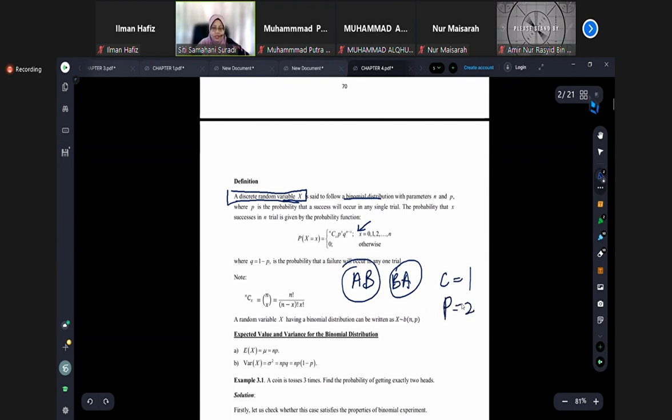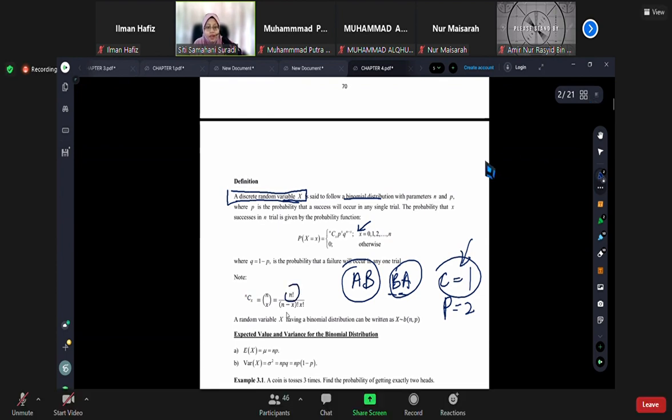But here it is combination, because the terms are the same, so B and A is only 1 combination. It is calculated as n factorial divided by n minus x factorial multiplied by x factorial.